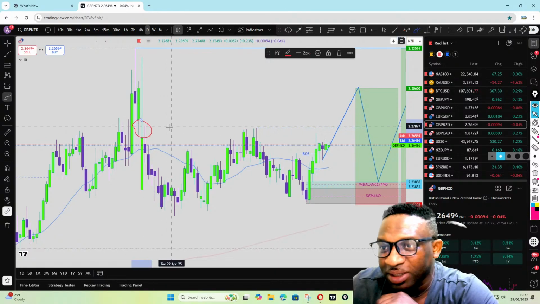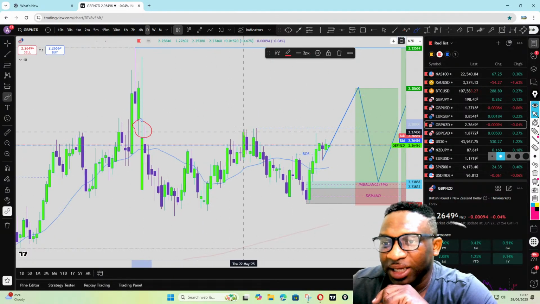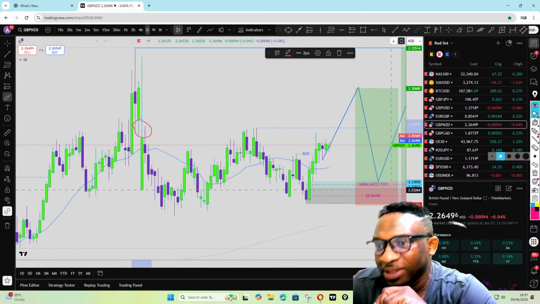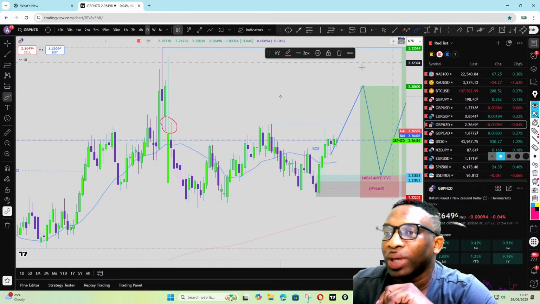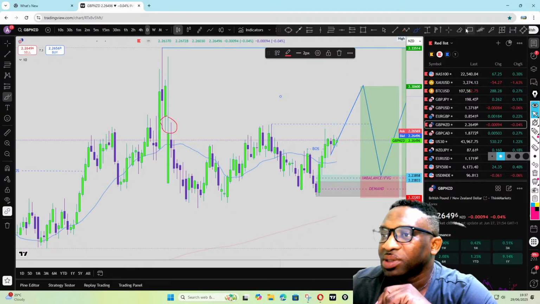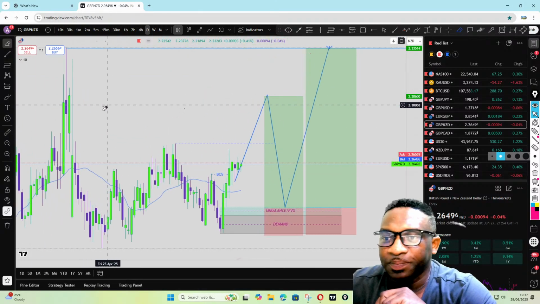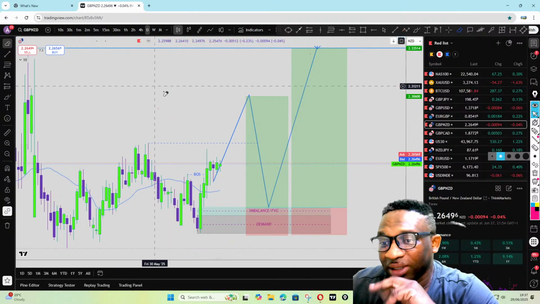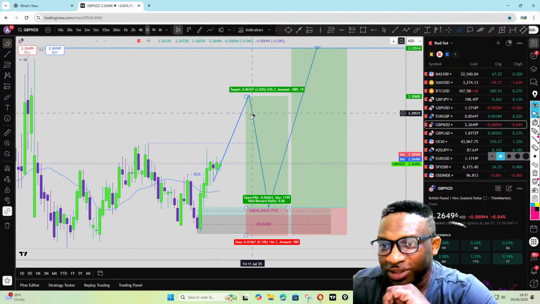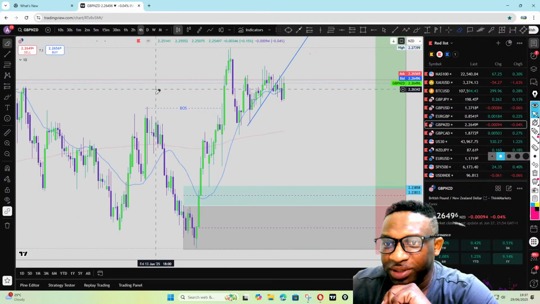So there's a high probability to have this fully filled, and then once that is done, we expect a break here. Then this is a possible scenario to look at. Okay, so this is on the daily. We can further refine it, but I was just trying to put across the possibilities of getting into these different positions.